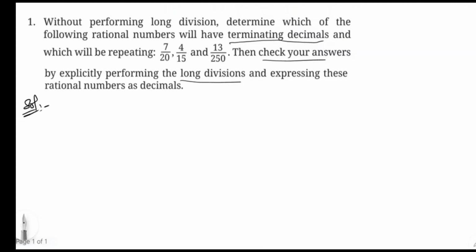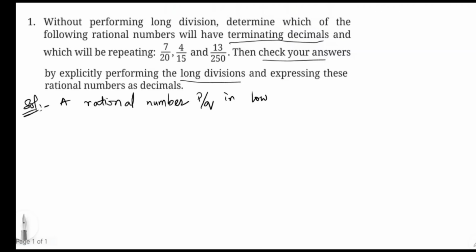Let's write the conditions. A rational number can be a decimal. We will be having two conditions. Let us write down those. The form of a rational number is p by q.